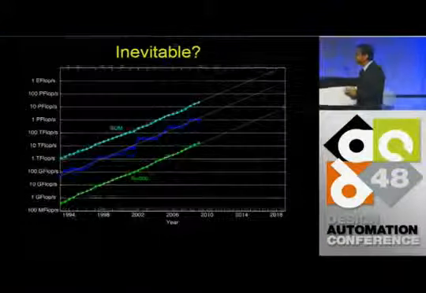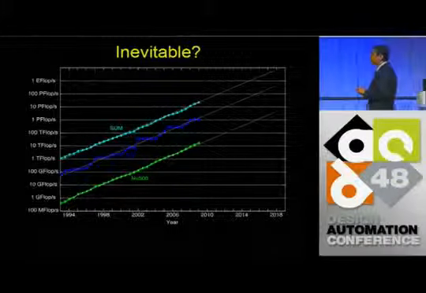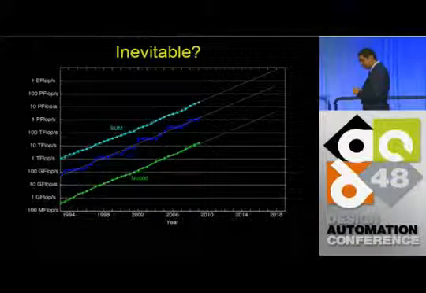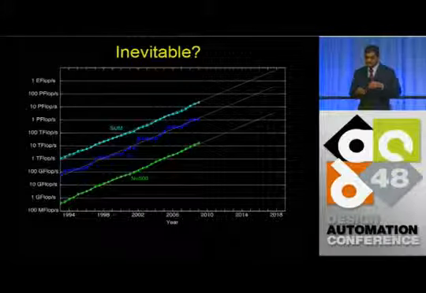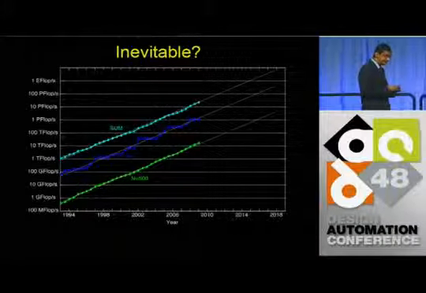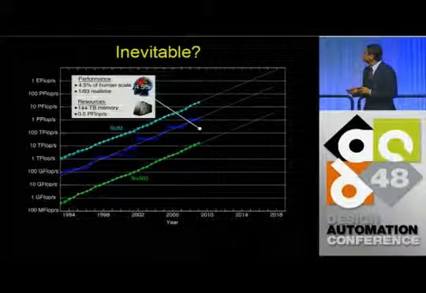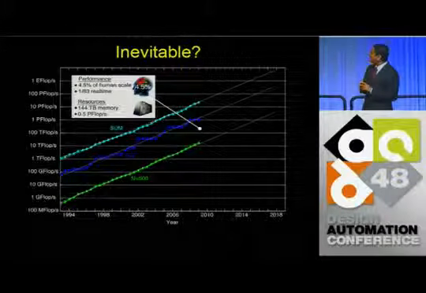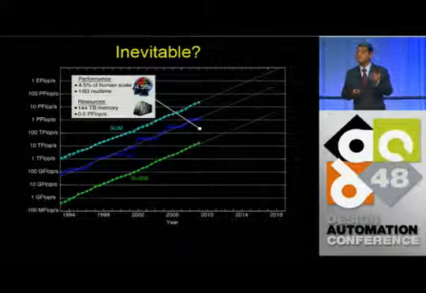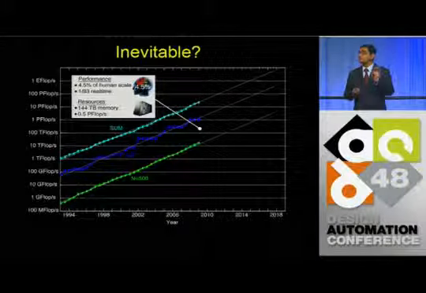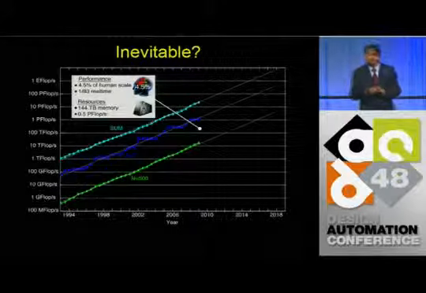Slides, please. So now let's see where the trend is going. On the x-axis, you see the years. On the y-axis, you see the flops in log scale. The lower line is the computing power of the 500th largest supercomputer in the world as a function of time.